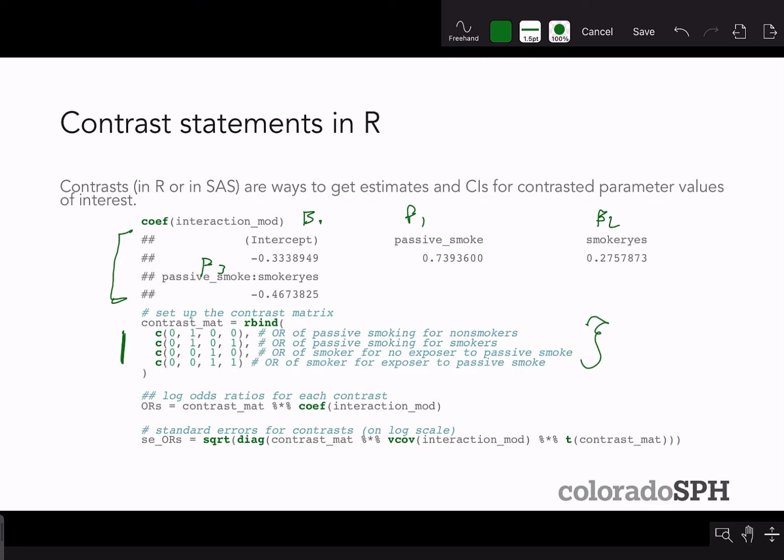And these contrasts basically multiply times each of the terms in your model and say which ones you would want depending on what covariate pattern you're interested in.